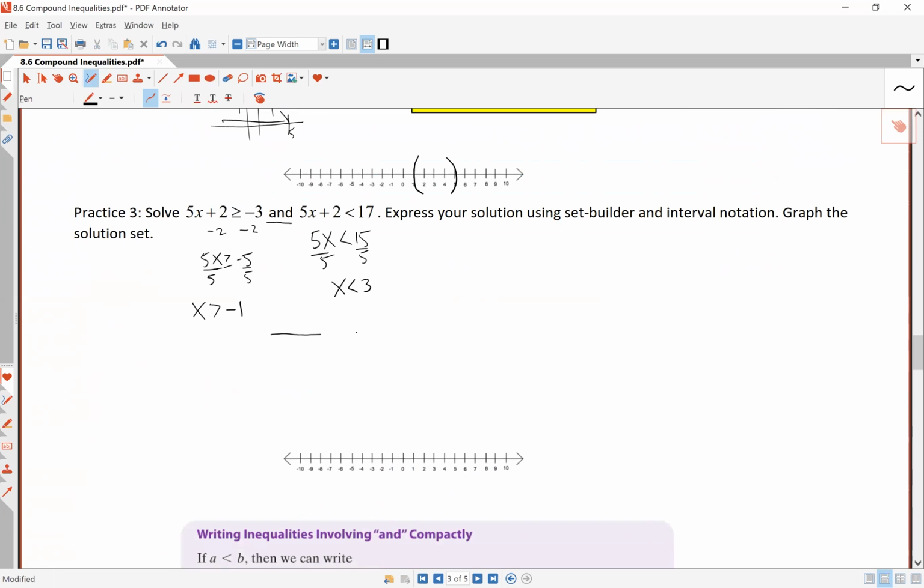So the first set says that x is greater than negative 1. Second set says that x is less than 3. Where these overlap is between negative 1 and 3, and is the overlap, or intersection. So we've got the set of numbers from negative 1 to positive 3.